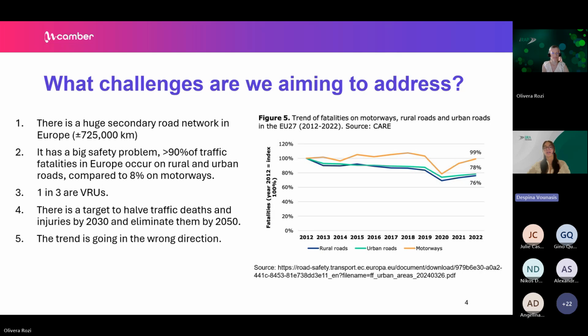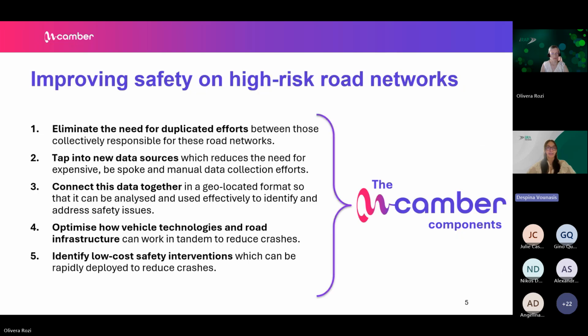Also, one in every 3 victims are vulnerable road users, so pedestrians, cyclists, or motorcyclists. Those are the challenges that the Camber project is stepping up to address, because we aim to eliminate all traffic deaths by 2050, improving safety on high risk road networks.